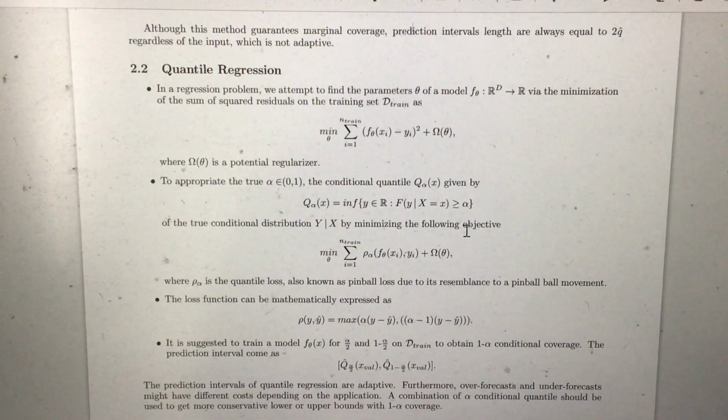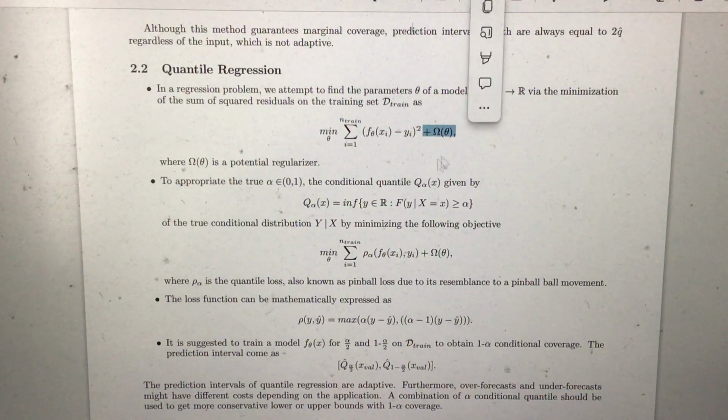Okay, the next background knowledge is quantile regression. In a regression problem, we attempt to find the parameters theta of a model via minimization of the sum of squared residuals for a training set, that is, minimizing the sum of the squares of f of x minus y, plus the potential regularization.